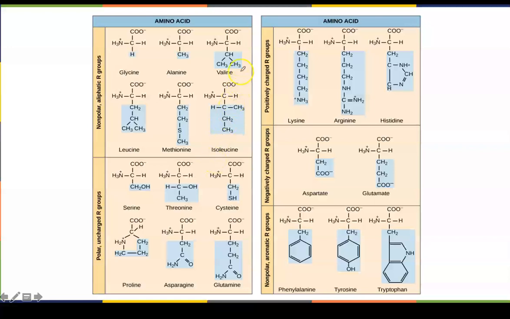So if we look at this top left section, we can see that all of these R groups are completely or primarily carbon and hydrogen. If that's the case, we know that carbon-carbon bonds and carbon-hydrogen bonds are both connecting atoms with similar electronegativities. Therefore, these should all be nonpolar.